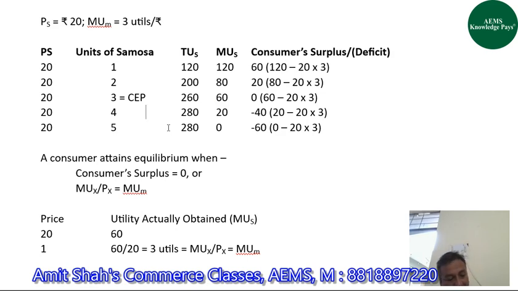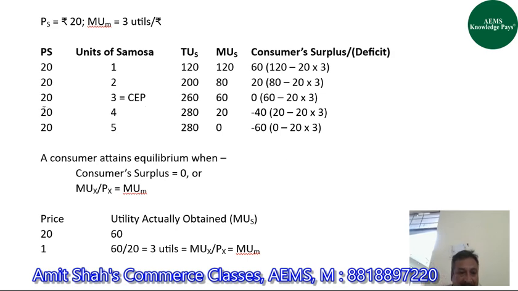Would you like to spend money on something which is not worth equivalent to the money that you're paying? I'm asking Anish and Mansha, would you like to pay to buy something more than what it is worth? You would not like to.